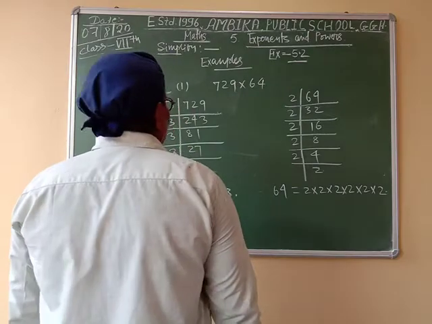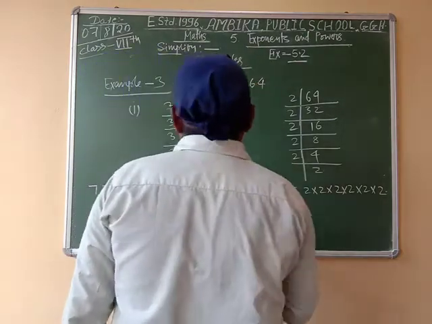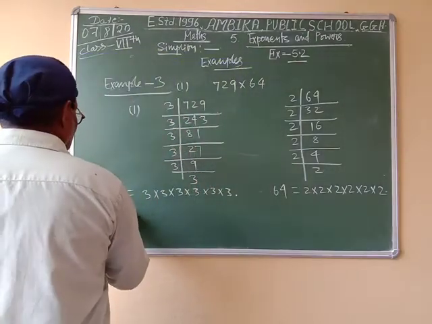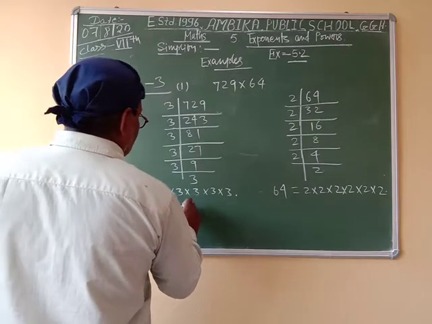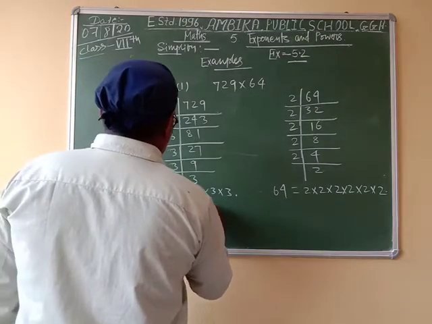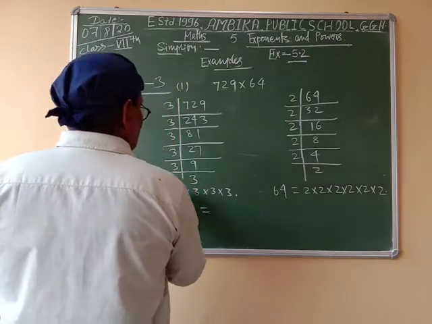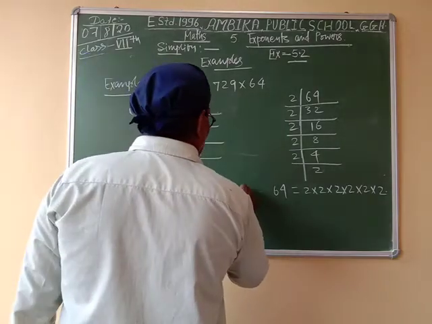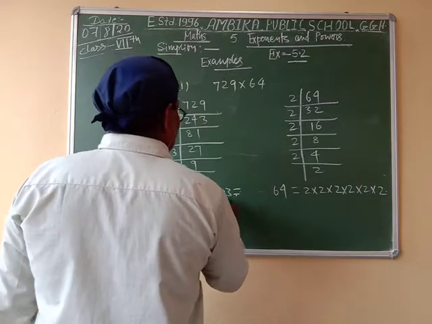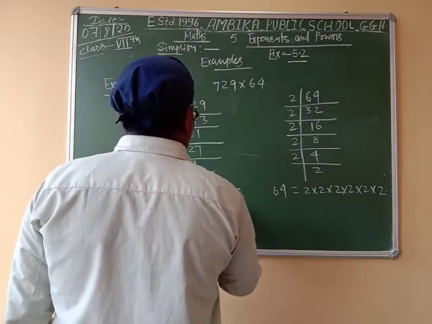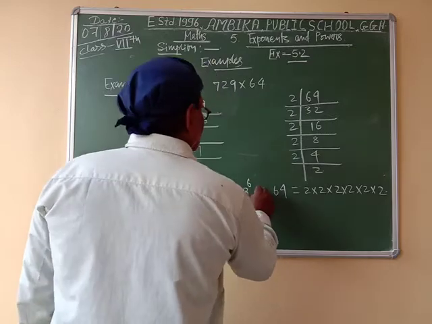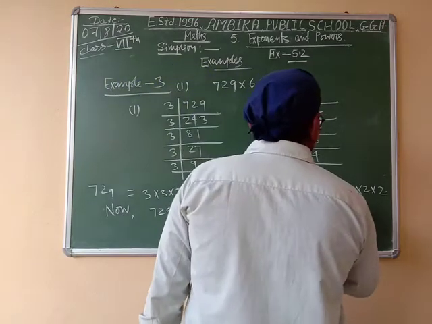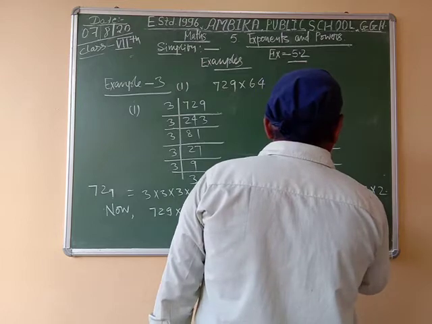Now we have to find the product of 729 into 64. Now 729 into 64 is equal to 3 to the power 6 and 2 to the power 6.